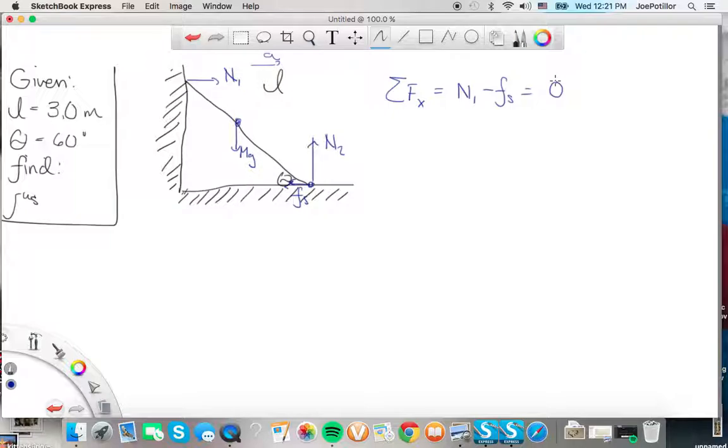Why? Because it's in static equilibrium. We don't want it to slip at all. So the idea is for it to not slip. How can we have it not slip unless everything is going to be 0? Fair enough. Next situation we have to set up here is the forces in the y direction.